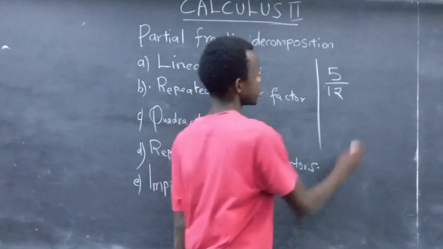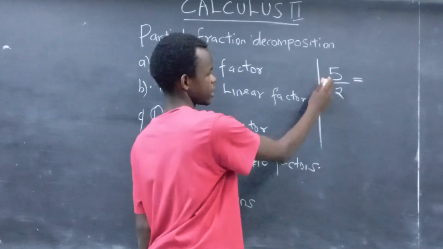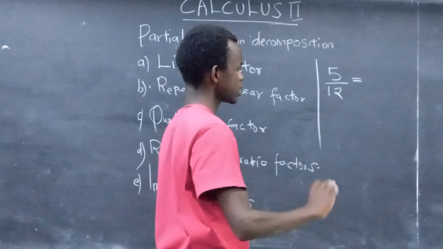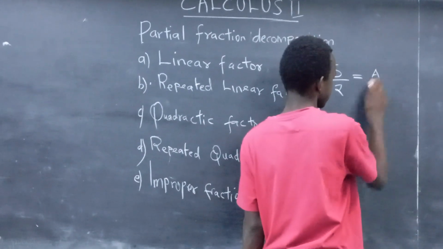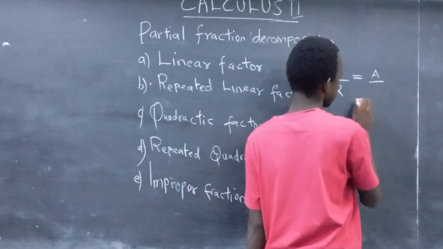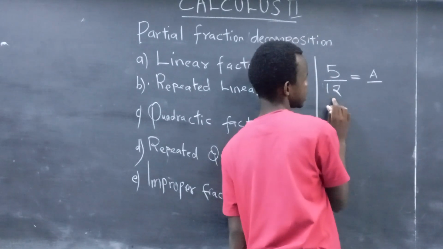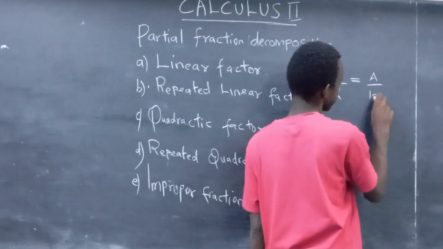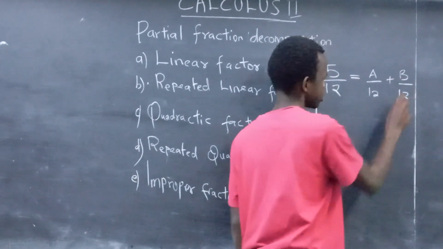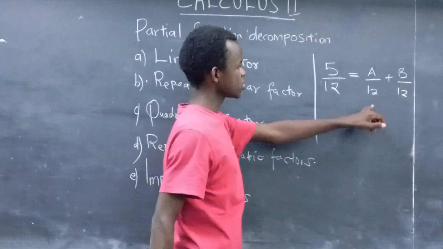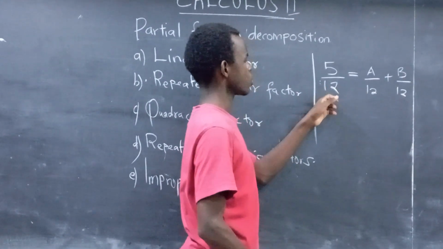We are trying to decompose this fraction such that we get partial fractions. For example, we get a certain number divided by 12 plus b over 12 again. As you can see, these two parts are partial fractions for this whole fraction.